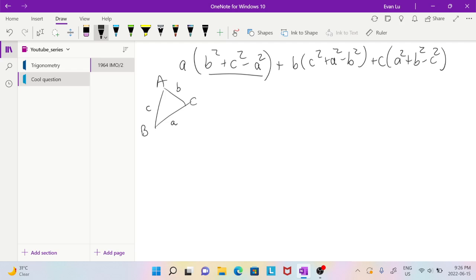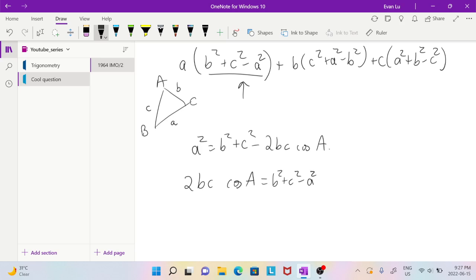The application of the cosine law would be a squared is equal to b squared plus c squared minus 2bc cos of angle A. Then we can do a little bit of rearranging and get 2 times bc cos of angle A is equal to b squared plus c squared minus a squared. And we can get a really similar thing for the other two.